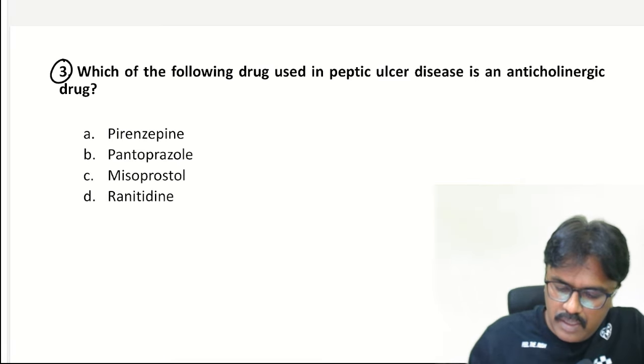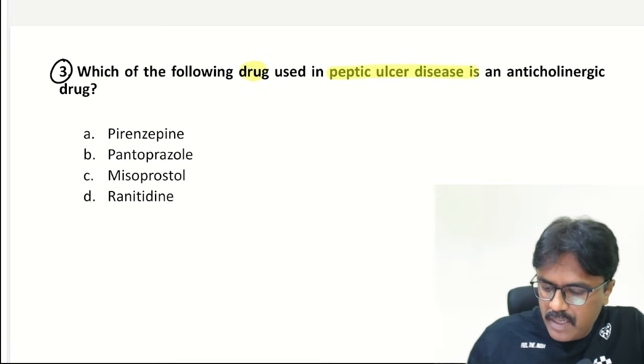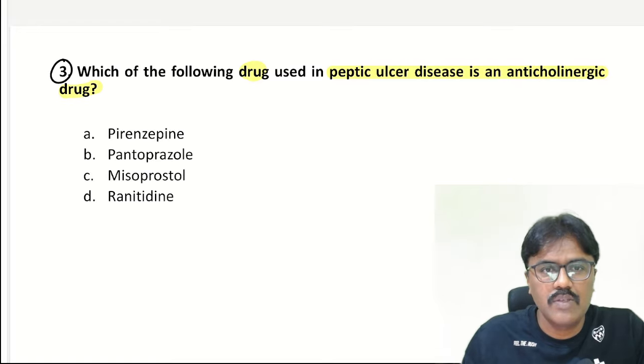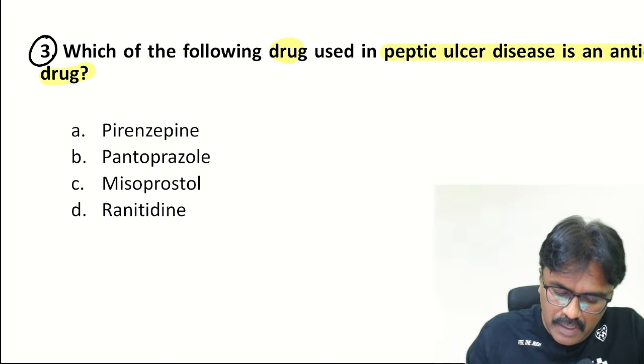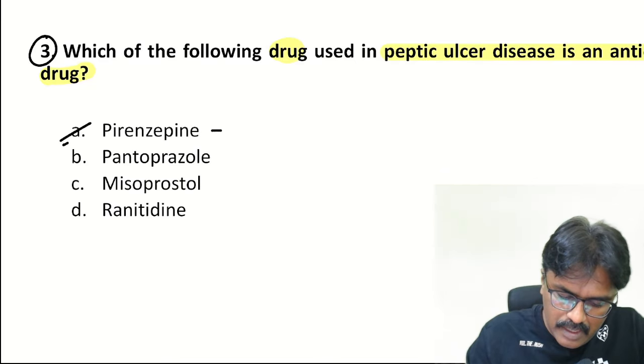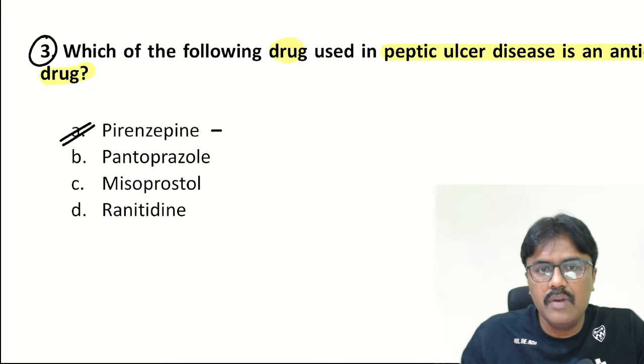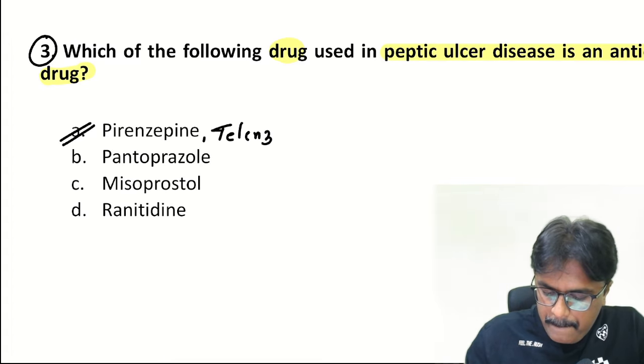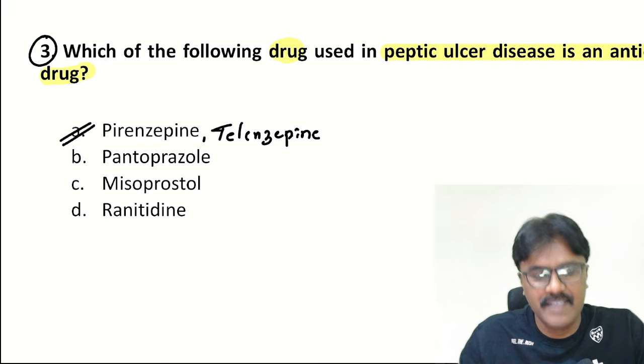Which of the following drugs used in peptic ulcer disease is an anticholinergic drug? So option A, pirenzepine. Yes, pirenzepine is the right answer. That is the anticholinergic drug. One more drug is telenzepine. These are used for peptic ulcer disease.